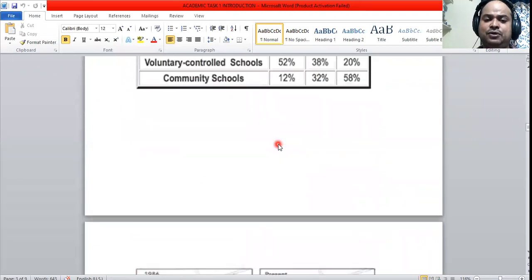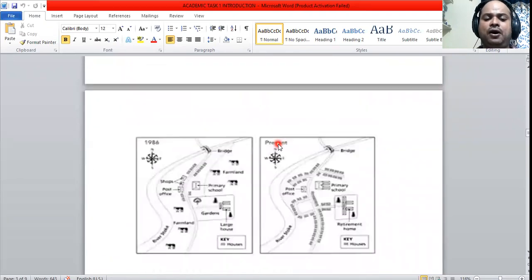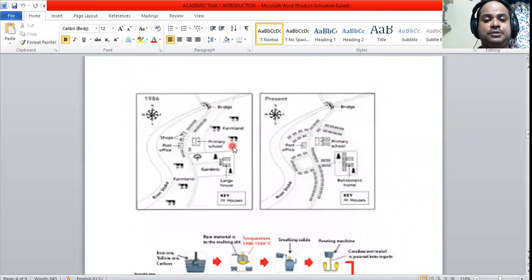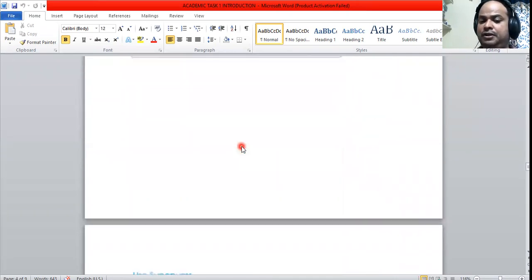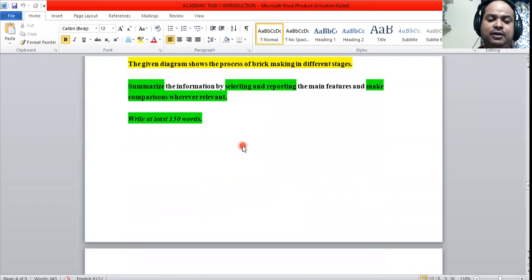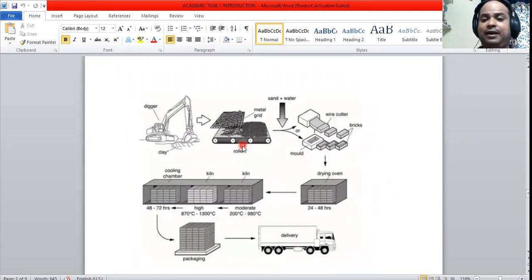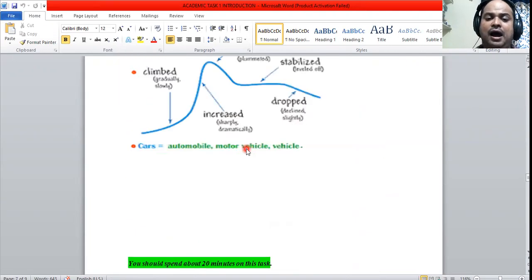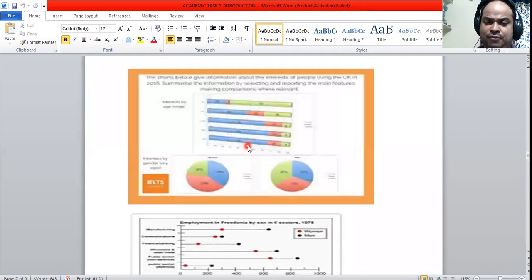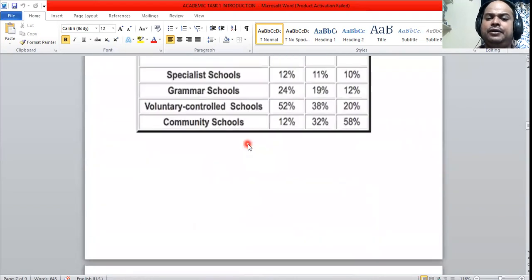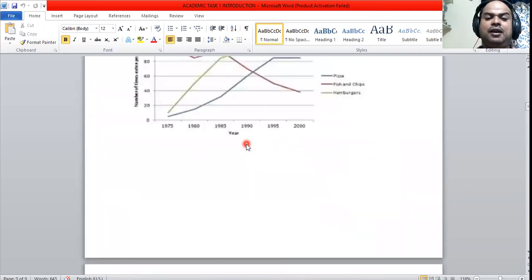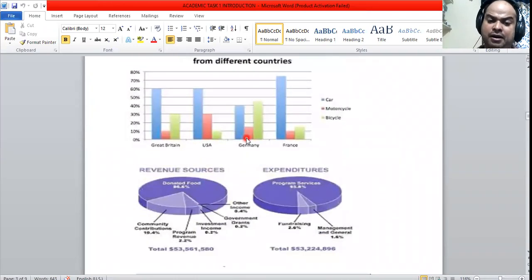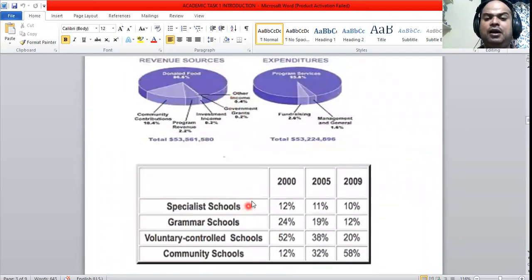In the next volume, we'll go with the maps, flowchart, and the combination, and then go ahead with the process diagram individually. I think we have got a brief idea of the outline of these classical charts: line graph, bar graph, pie chart, and table.